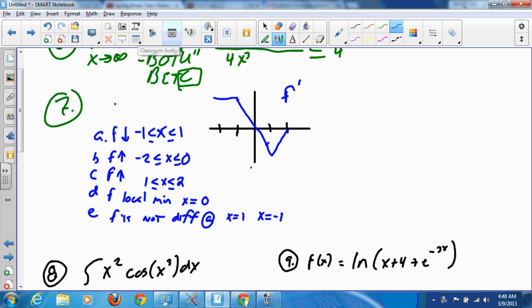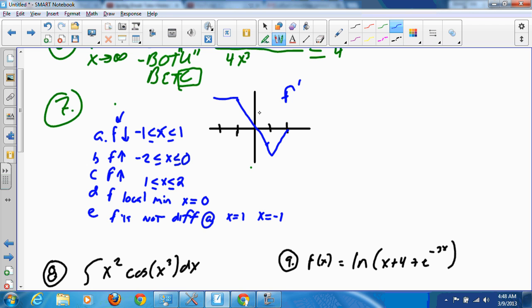Answer choice A says that the function is decreasing on -1 to 1, so all the way here. Now this is the derivative. The derivative is decreasing, but you notice that from -1 to 0 right here, the derivative is greater than 0.